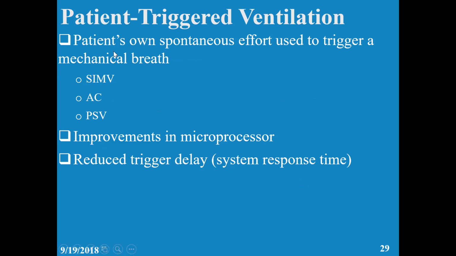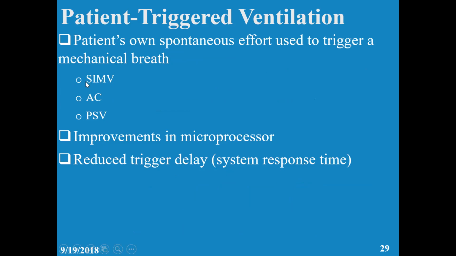When you see the patient trigger, you see it in SIMV because it should be synchronized. So whenever the patient triggers, it will synchronize it with the mandatory ventilation, but it will not support it. But it will never breathe against it.